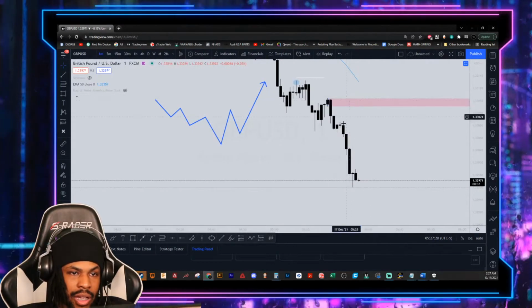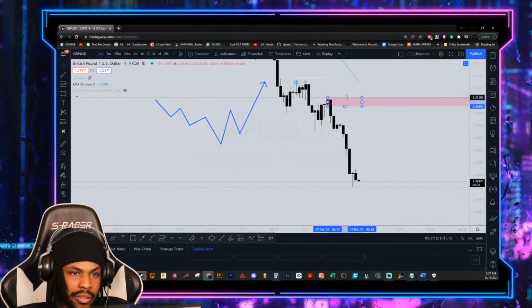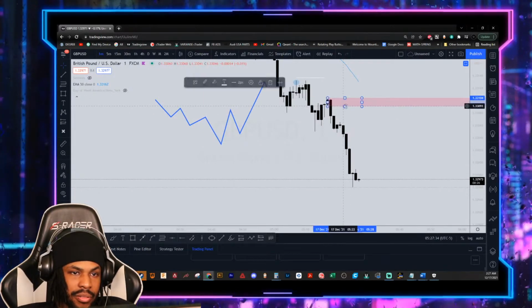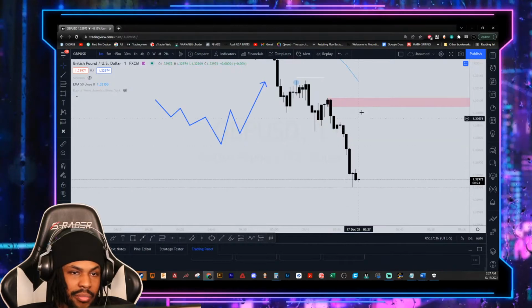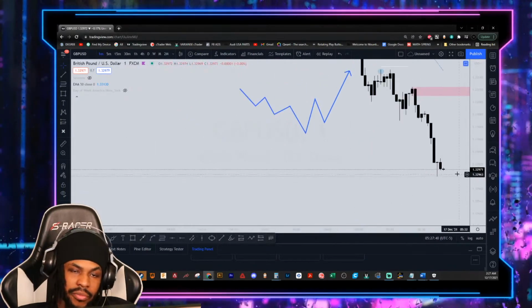Just because you're scalping doesn't mean you gotta trade your setups though. Somebody else could have looked at that and been bearish, but I was not. There's no confirmation for me to sell that.